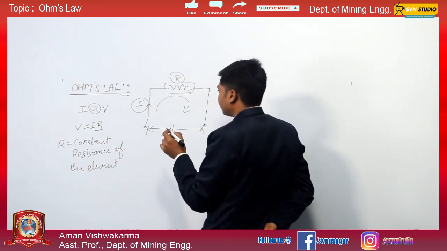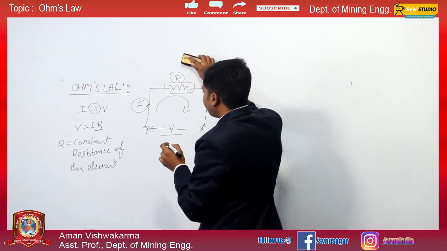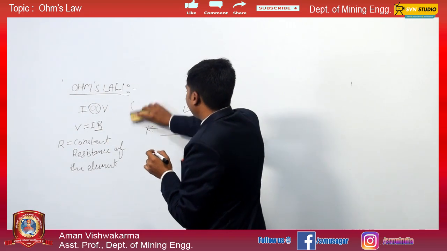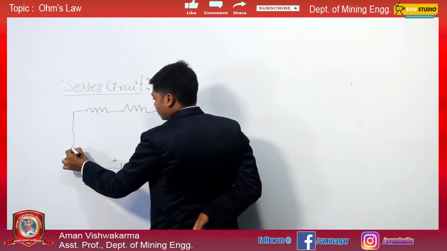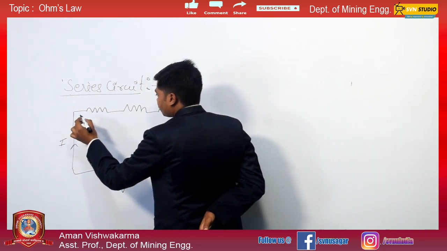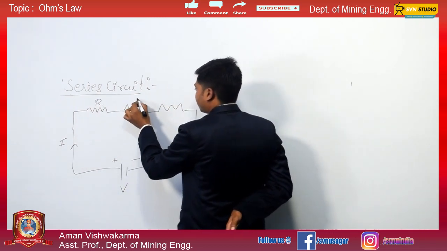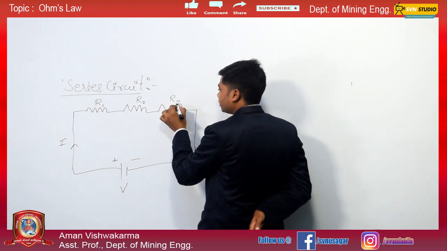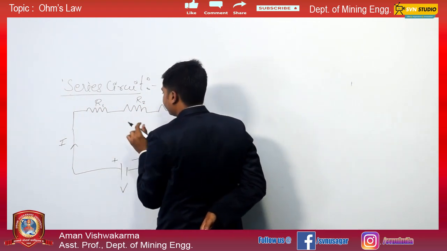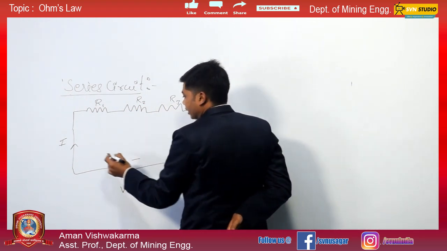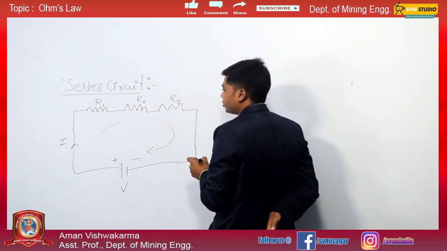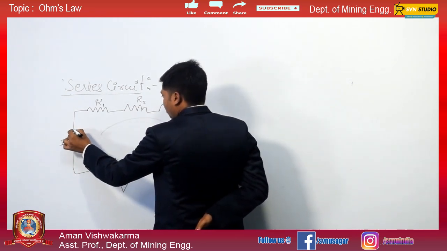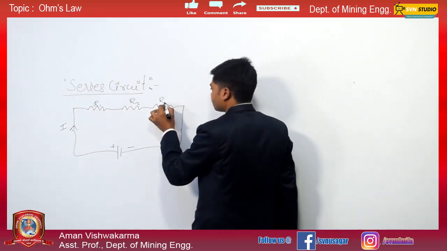After this, we will see series and parallel circuits. As we can see, there are R1, R2 and R3, three resistances connected in series, and current I is flowing in the clockwise direction through all the resistances.